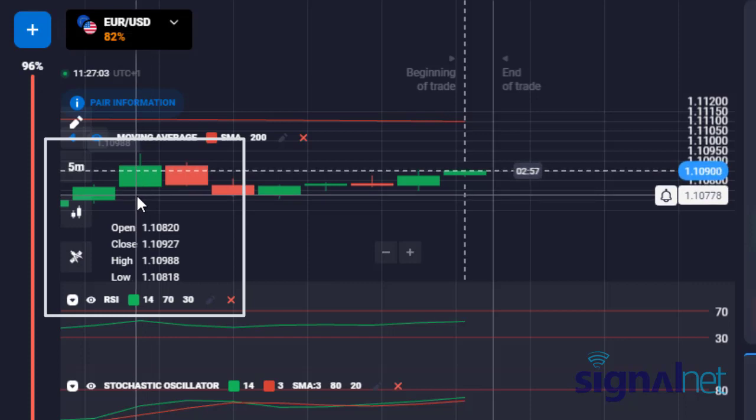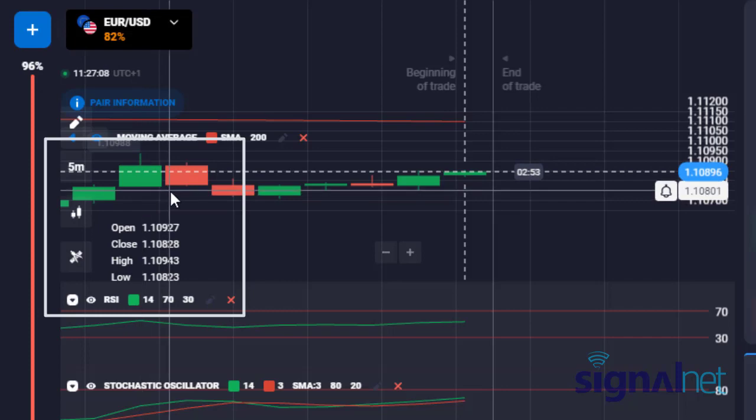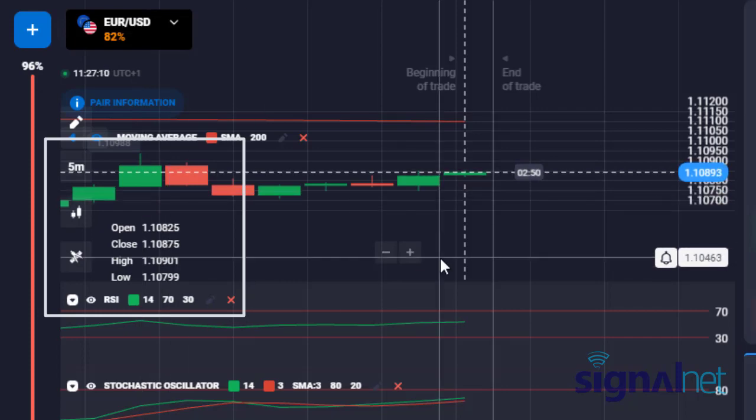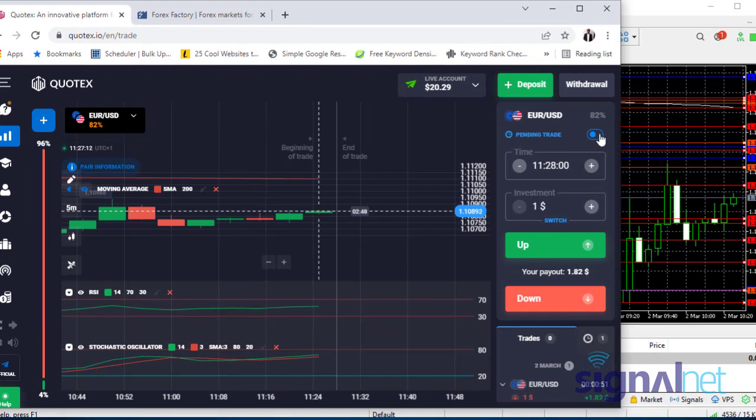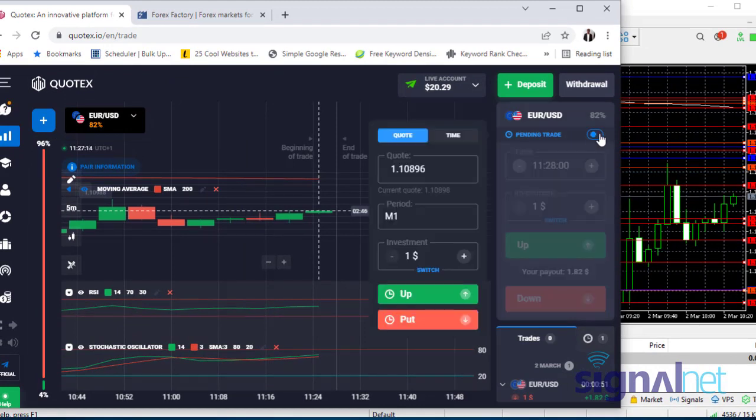Close price here was 0927. Now the open price was 0927. Okay, it was at the same level. So let me put a pending order at that level for 0927. Be sure I got that right.